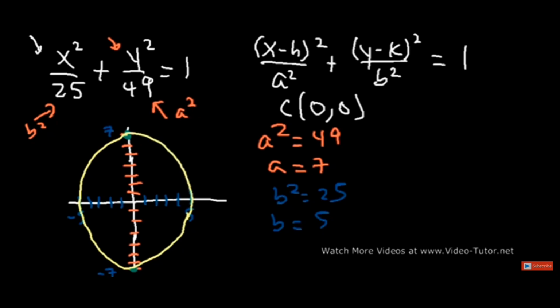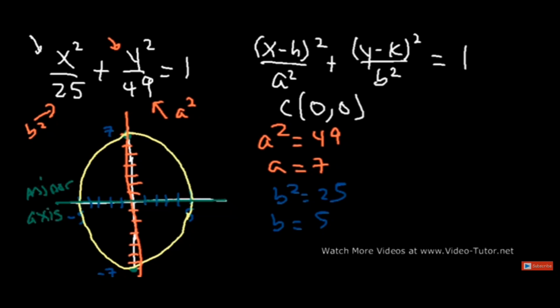Now you need to know that this axis right here is called the major axis, but it's vertical, so it's the major vertical axis. This line here, because it's shorter, is known as the minor axis, but it's horizontal.